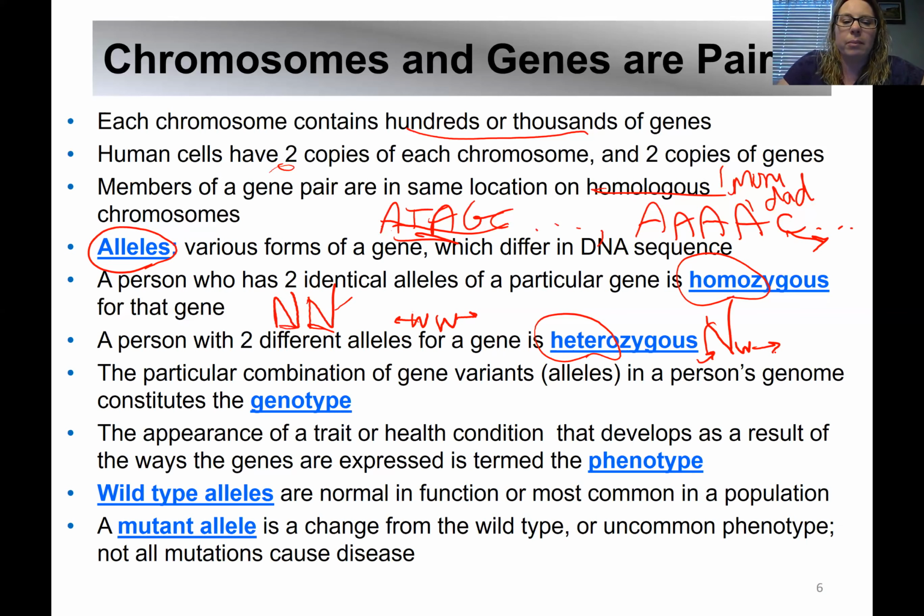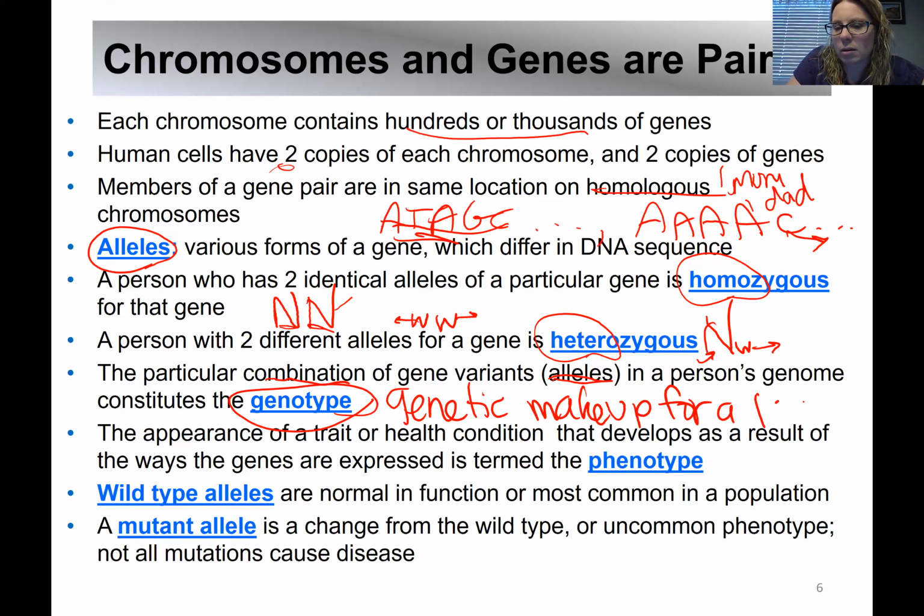Okay, so your combination of alleles determines your genotype, or your genetic makeup, for a trait. So your genotype would be big N, little w, for example, or big N, big N. What you look like, the appearance of that trait, is your phenotype. So the phenotype in this example would be widow's peak or straight hairline.